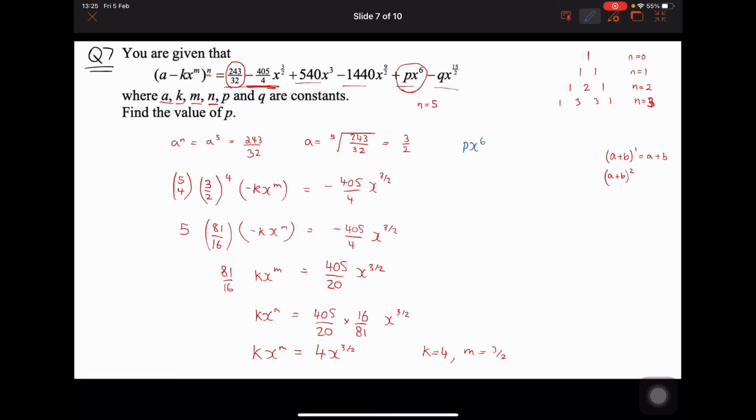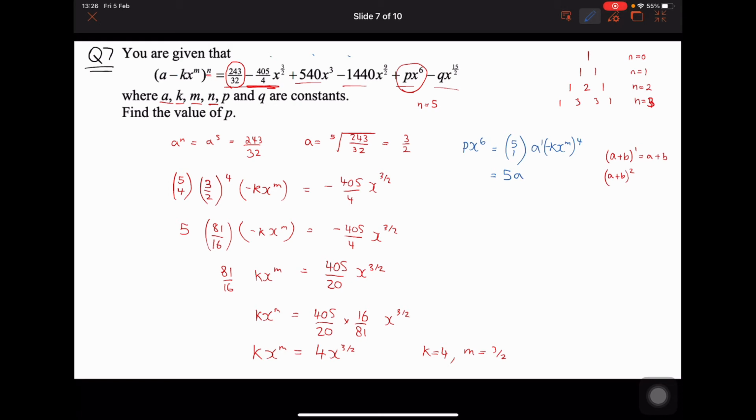Px to the 6 equals, so it's the fifth term, so I'm going to write 5 choose 1, a to the 1 multiplied by negative kx to the 4, so that's 5.